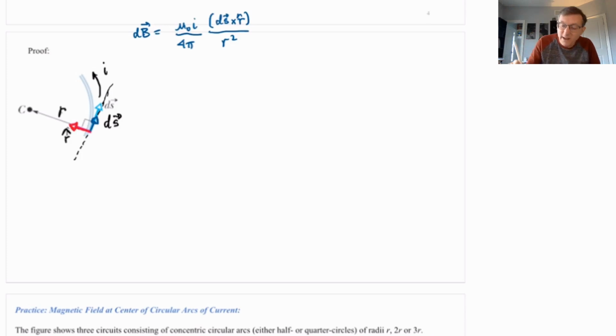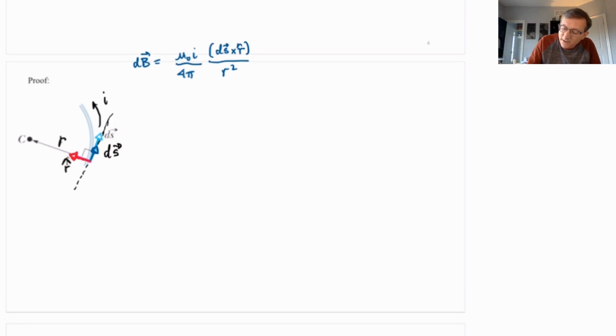Now let's use the right-hand rule and ds cross r hat to get the direction of dB. So we just do the right-hand rule. ds and r hat are in the plane of the screen, so dB must be perpendicular to the plane of the screen. That gives me two possibilities, perpendicular and upward or perpendicular and downward.